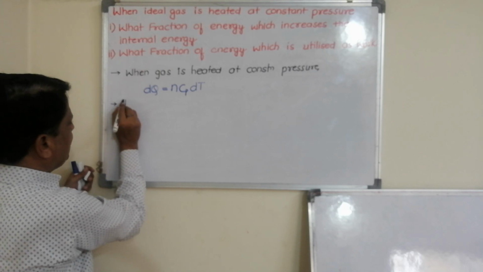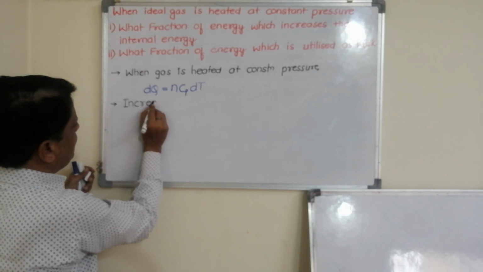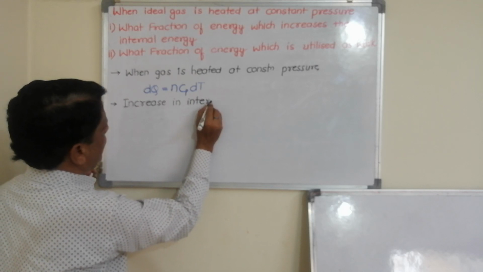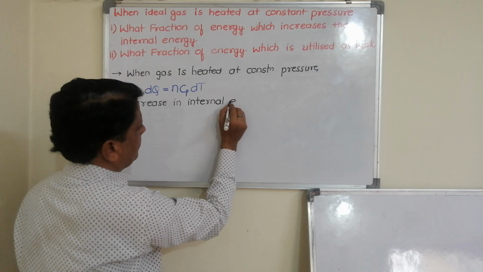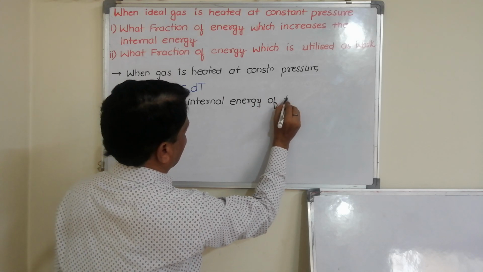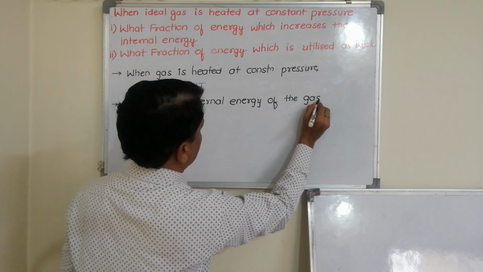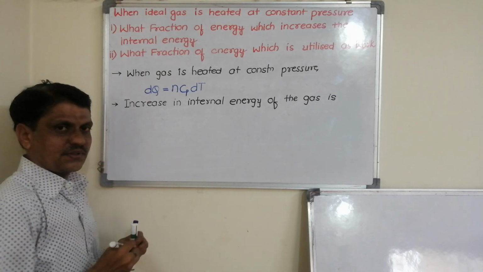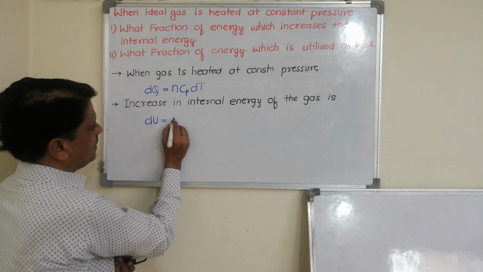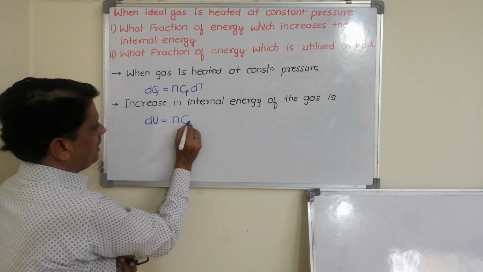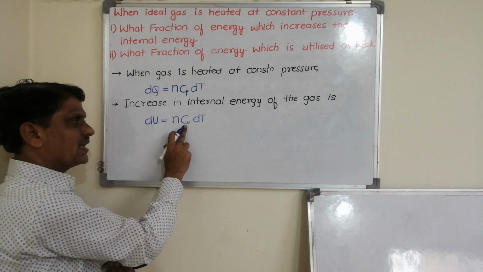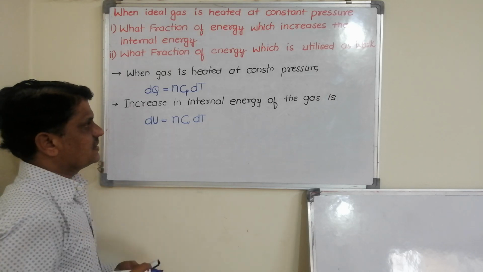Therefore, the increase in internal energy of the gas, for any process, as we have studied in the last videos, is n Cv delta T, where n is the number of moles, Cv is the molar specific heat at constant volume, and dT is the change in temperature.